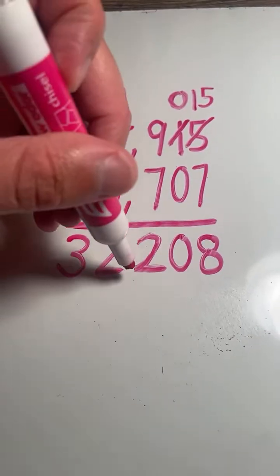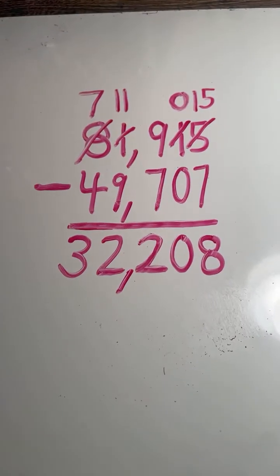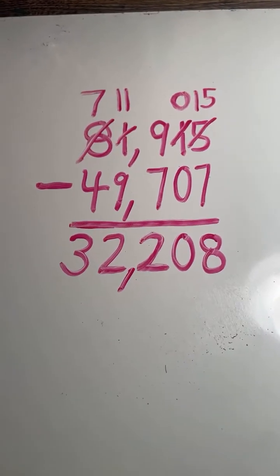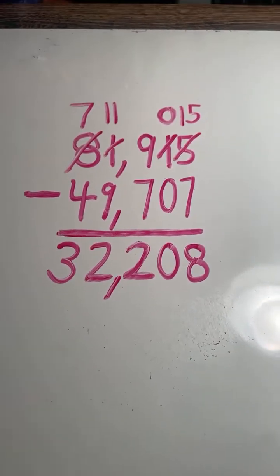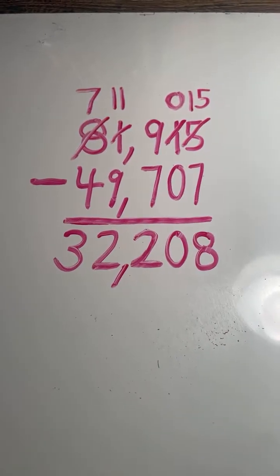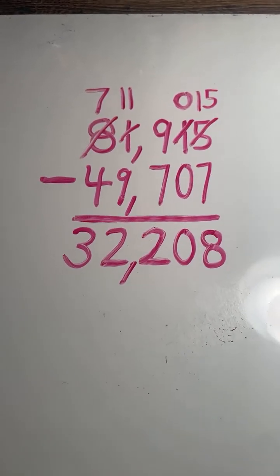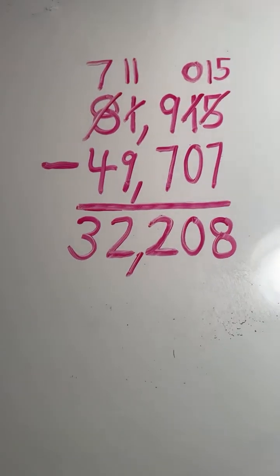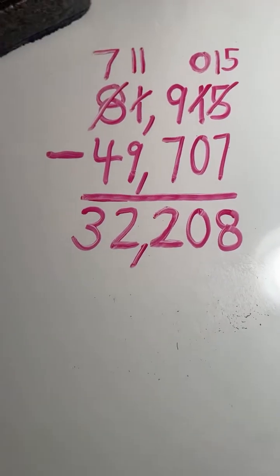And we have our final answer. 81,915 minus 49,707 equals 32,208. All right, moving on to example number 3.